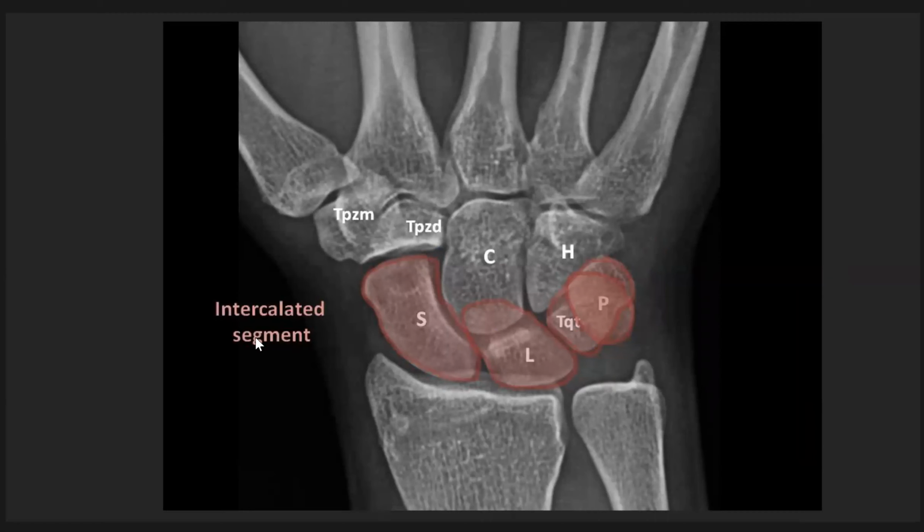Here we have the intercalated segment: the scaphoid, the lunate, and the triquetrum.